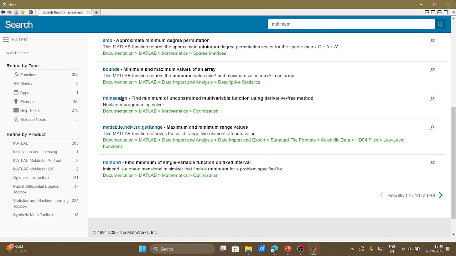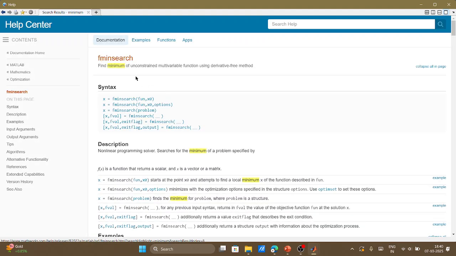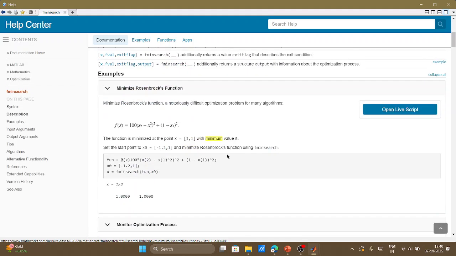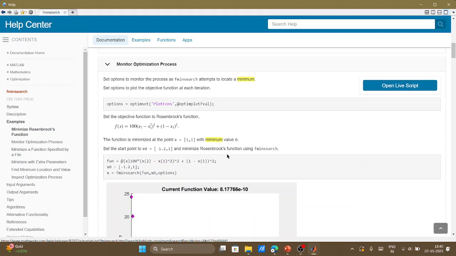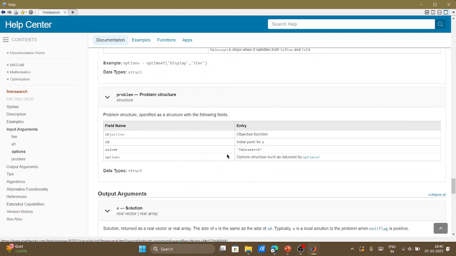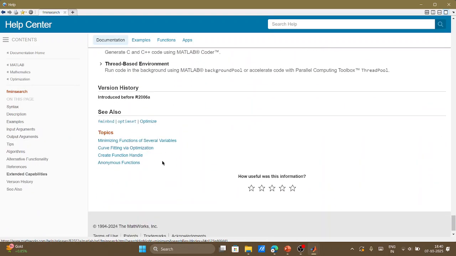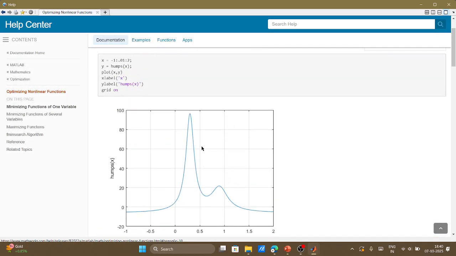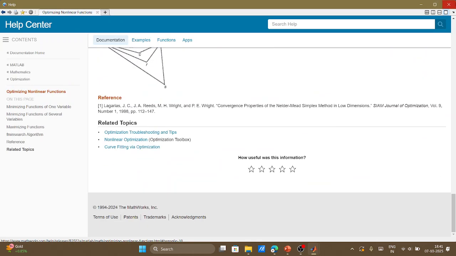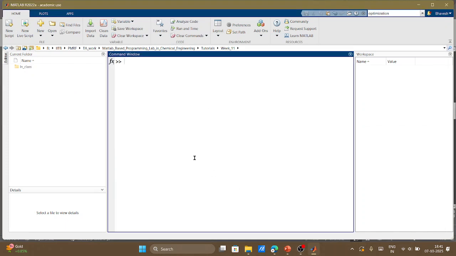Bounds, fminsearch. fminsearch finds the minimum of an unconstrained multivariable function using a derivative free method. There are these examples given. So there is a multitude of content, but I want to focus on the current functions only.